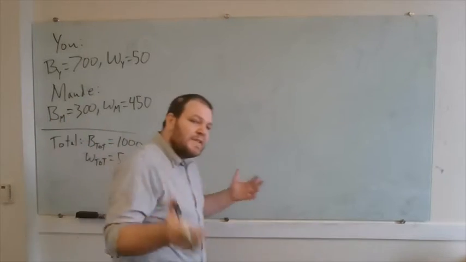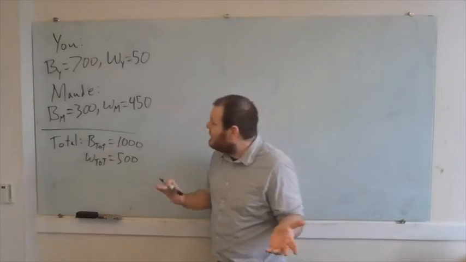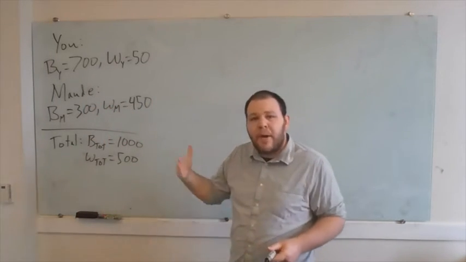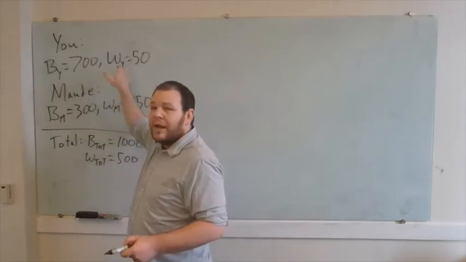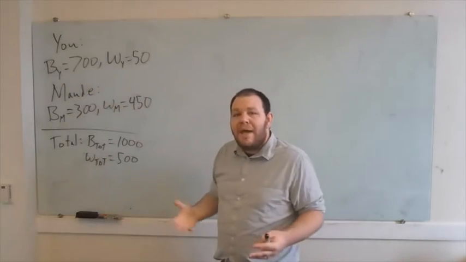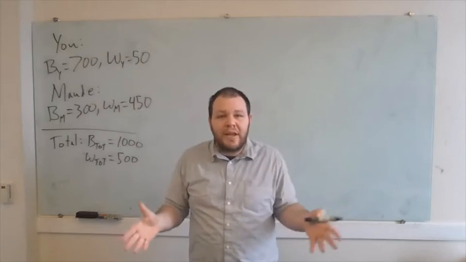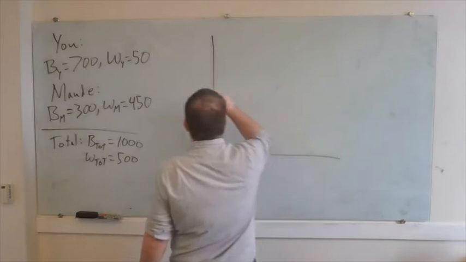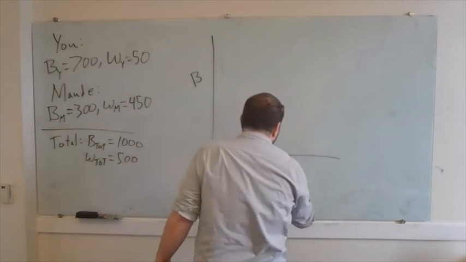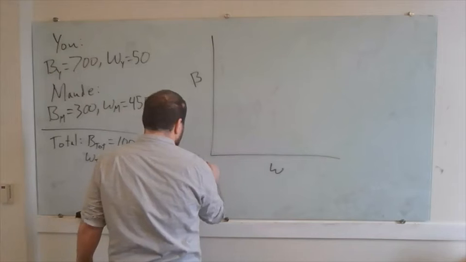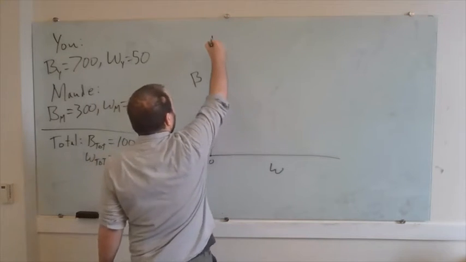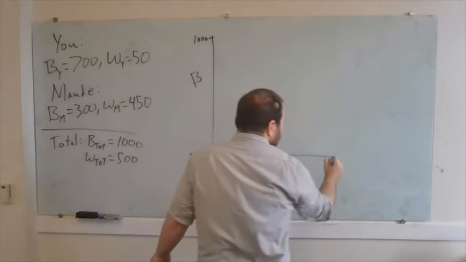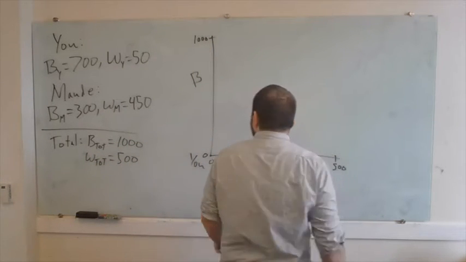So if we want to understand all the different ways that we could potentially allocate beefaroni and water between you and Maud, we can graph all of the possible combinations of beefaroni and water that you could consume by making a graph that looks like our budget constraint or indifference curve graph with, say, beefaroni on the vertical axis, water on the horizontal axis, where we can have anywhere from 0 to 1,000 cans of beefaroni, and anywhere from 0 to 500 gallons of water.